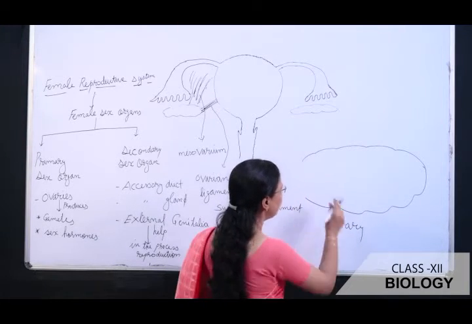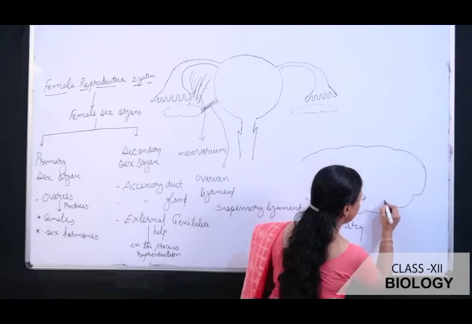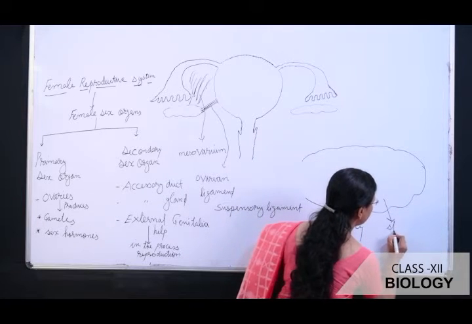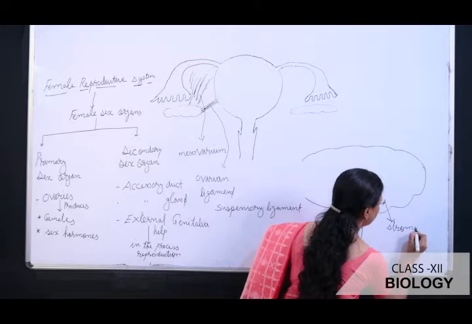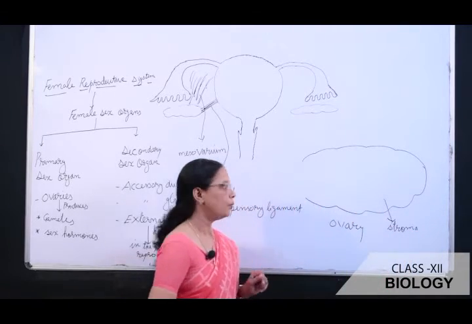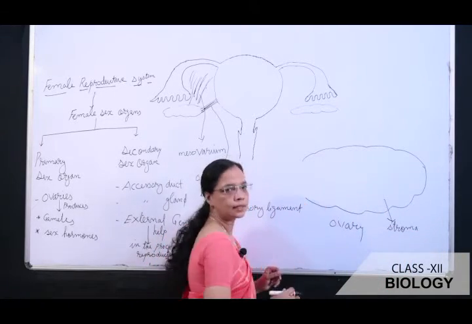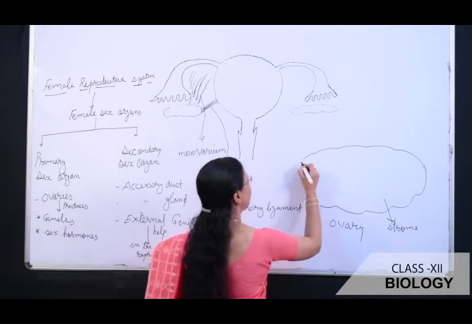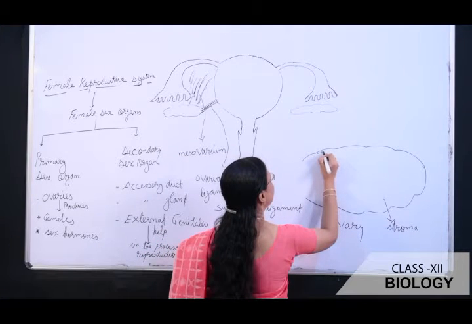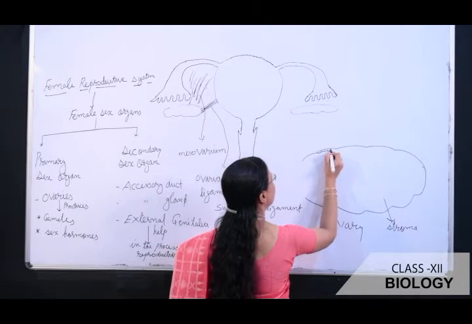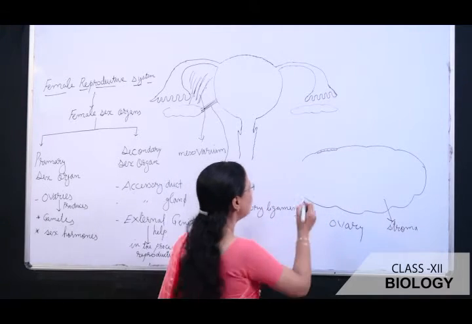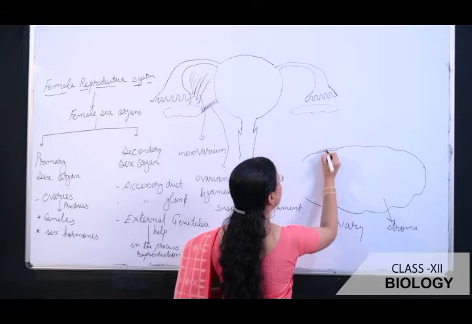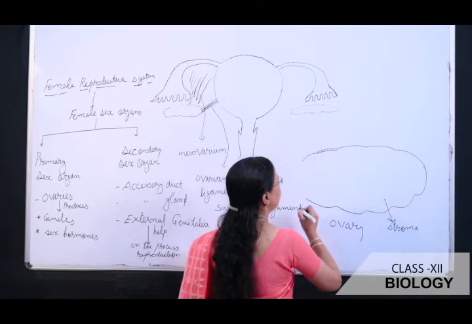This is the ovary. It is filled by connective tissue which is known as the stroma. Now this stroma is covered or lined by a cuboidal epithelium. Here you can see the cuboidal epithelium. I am not going to draw the entire region. So cuboidal cells are present.